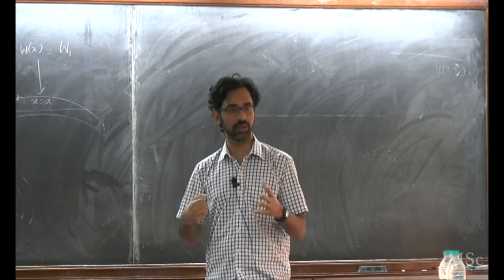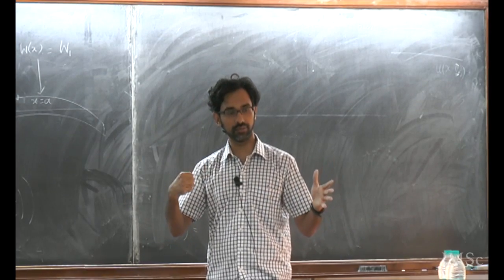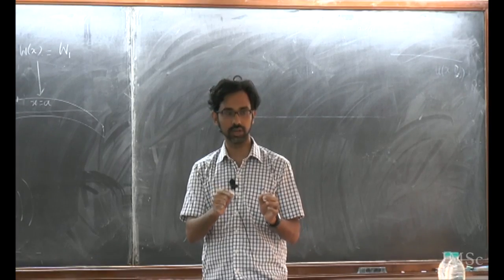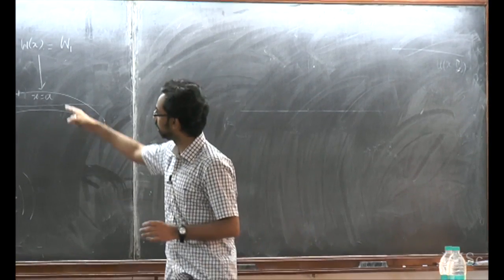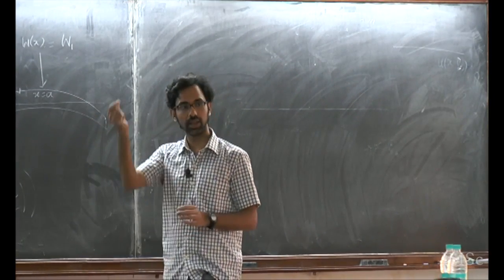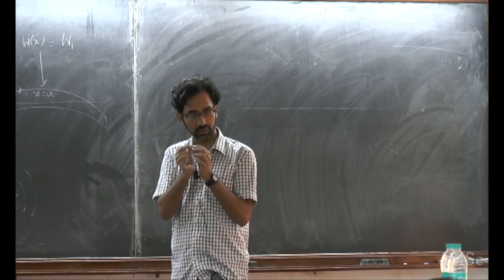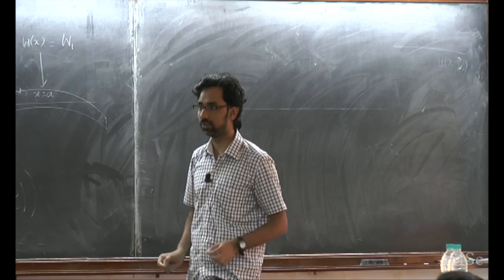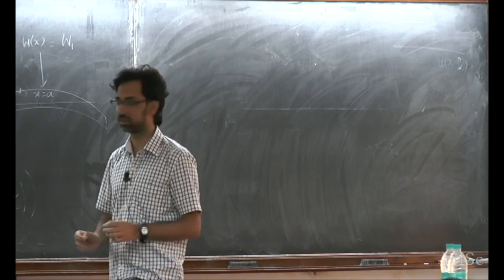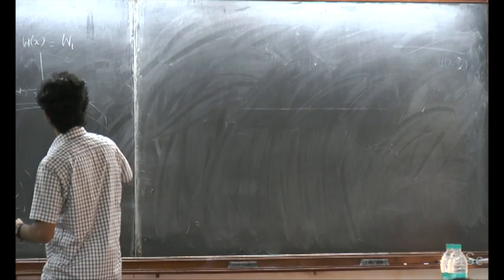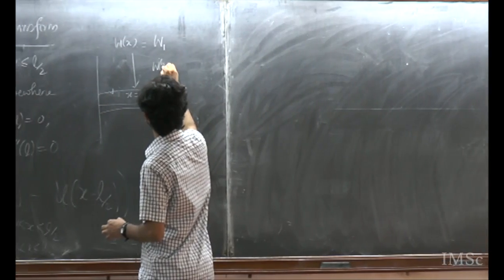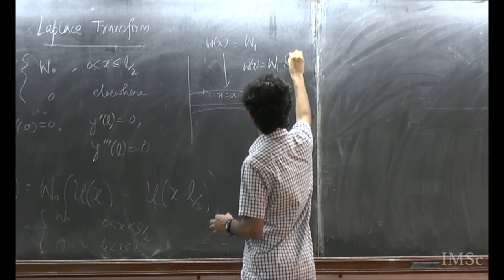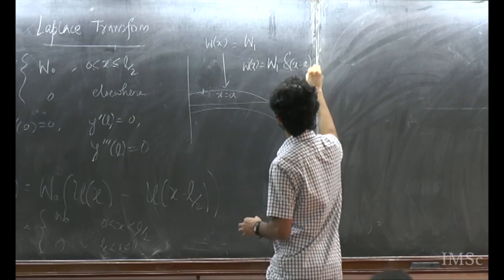That's why it's called an impulse, because it's a high amplitude force applied for a very short time, right? And here it is a high load applied for a very short distance. Okay, so that's why this can be modeled on a Dirac delta function. So this is in fact Wx equals W1 delta of x minus a.